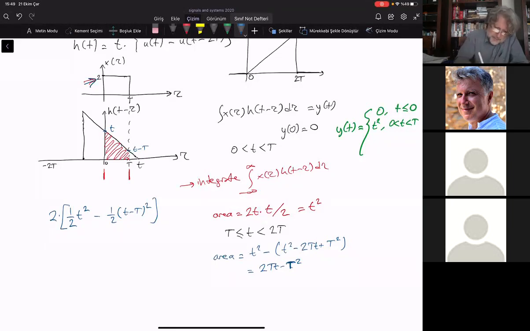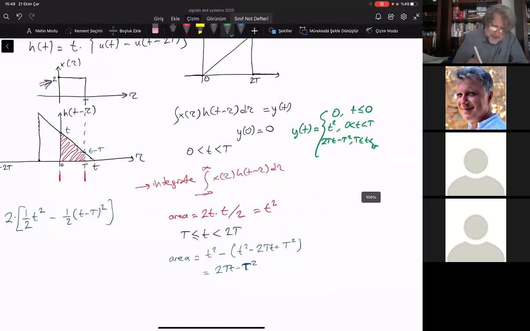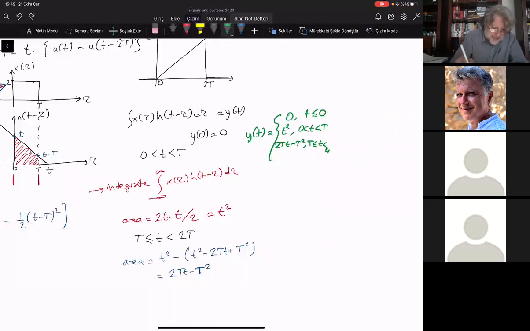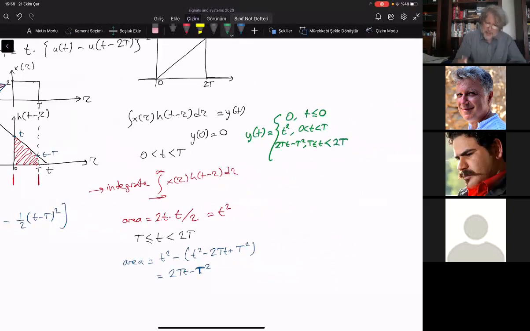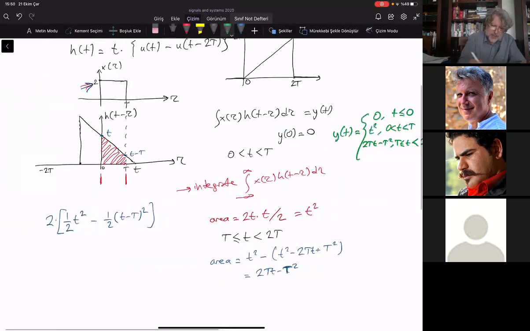So let me write it. 2 capital T t minus capital T squared for t in between capital T and 2 capital T, less than 2 capital T. So I obtained a piecewise solution for this region as well.